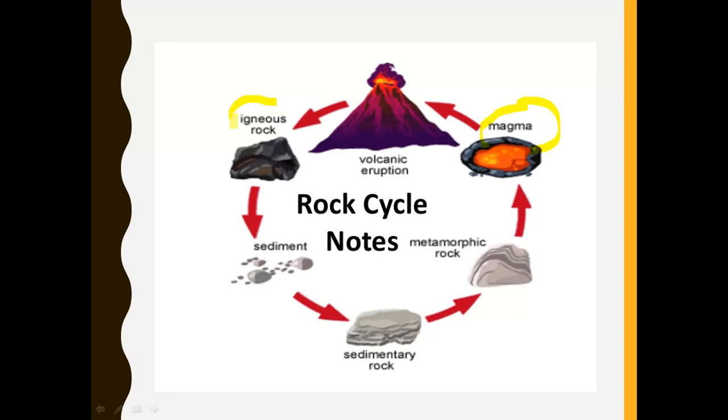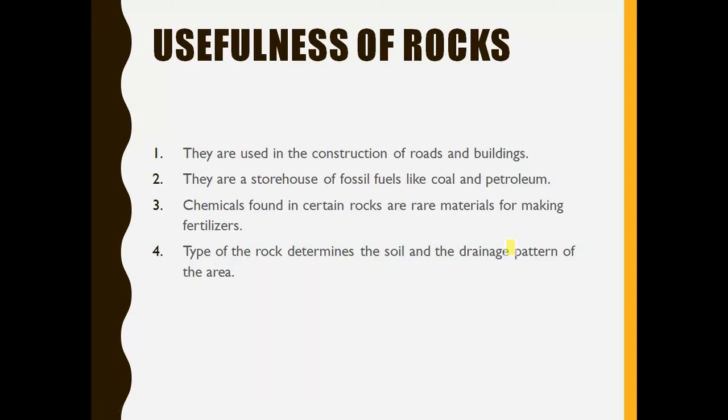When the magma solidifies, it forms the igneous rocks. Igneous rocks are broken, and then they form the sediments. From the sediments you have the sedimentary rocks. They go through extreme heat and pressure. They again go through metamorphosis, and the metamorphic rocks are formed. Again this process continues, and this is known as the rock cycle.